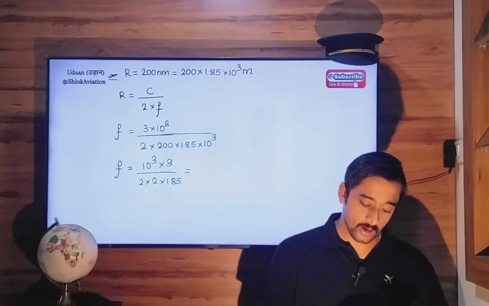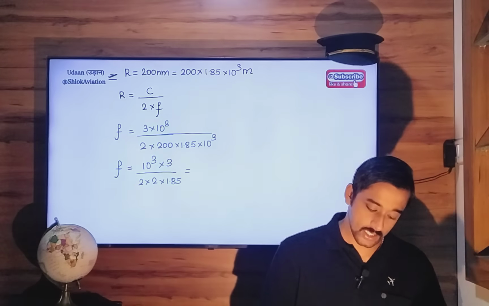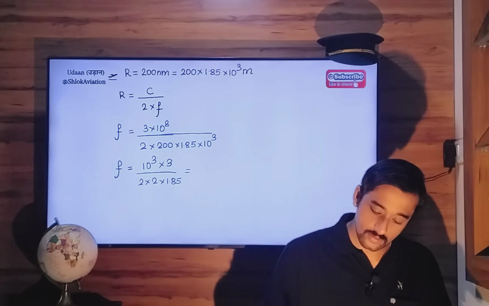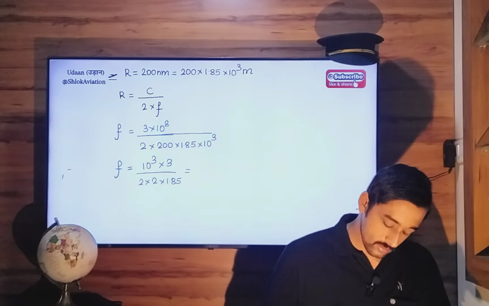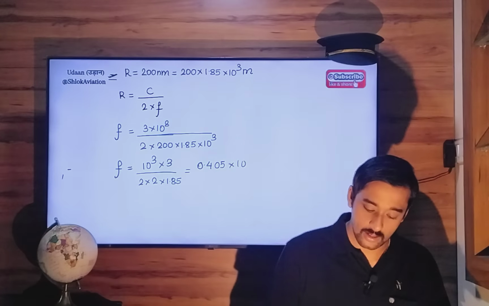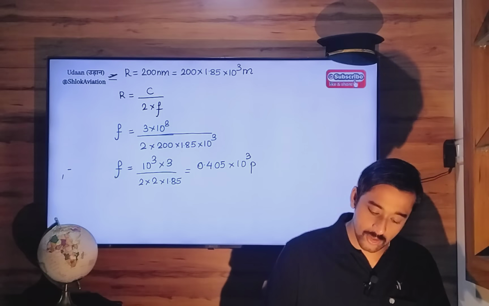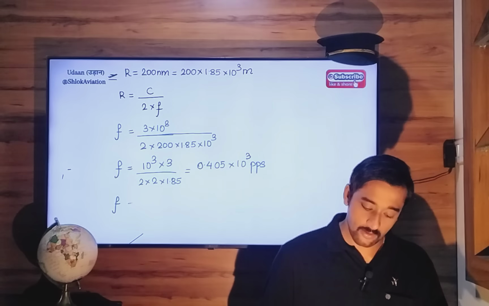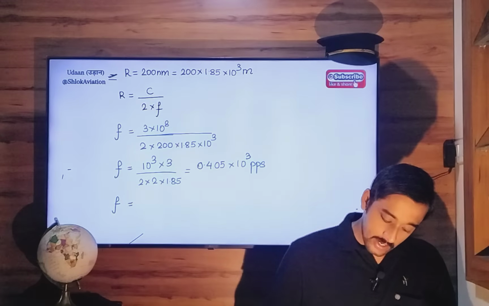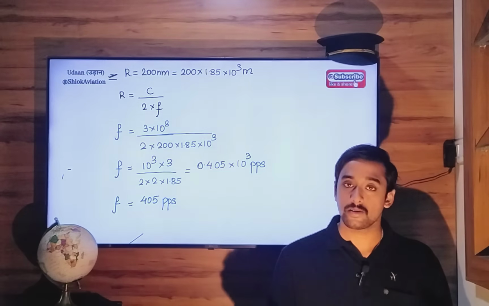So 4 into 1.85 is 7.4. 3 divided by 7.4 is 0.405 into 10 raised to 3 pulses per second, meaning the frequency is 405 pulses per second. Remember. Next.